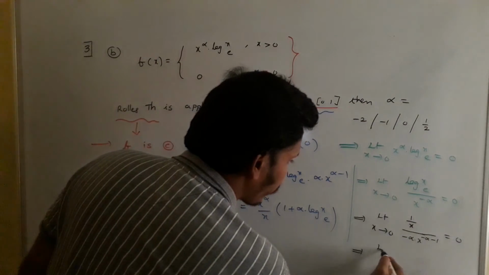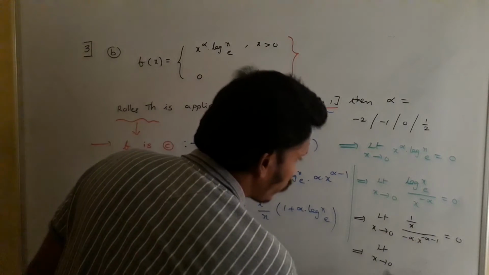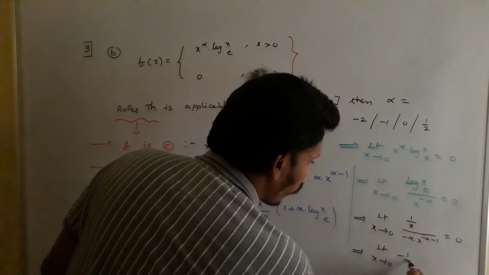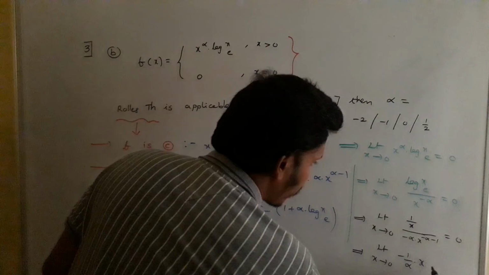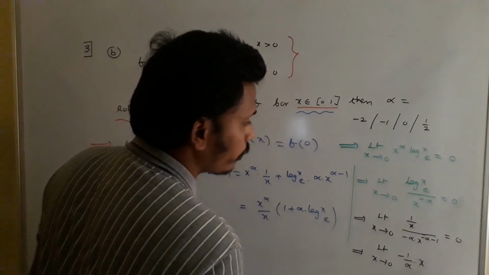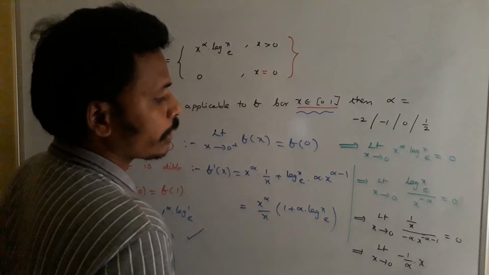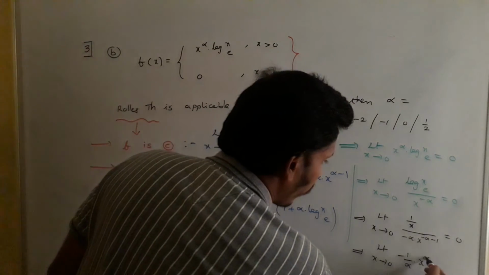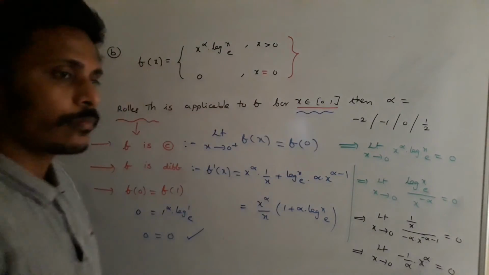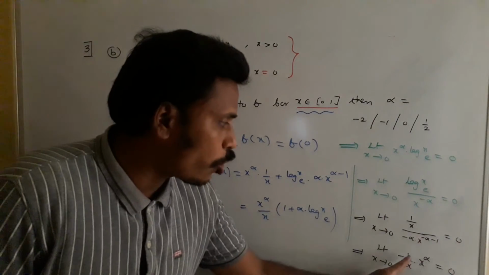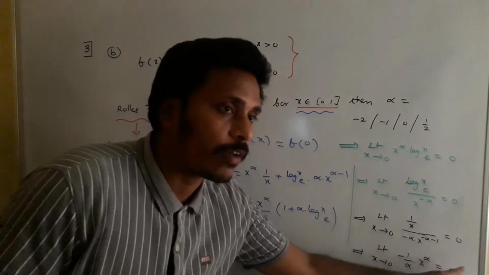that implies limit x tends to 0 minus 1 by alpha into x power, see, x power minus 1 plus alpha gets cancelled, we will get x power alpha, that is equals to 0. See, limit x tends to 0 minus 1 by alpha into x power alpha is 0.